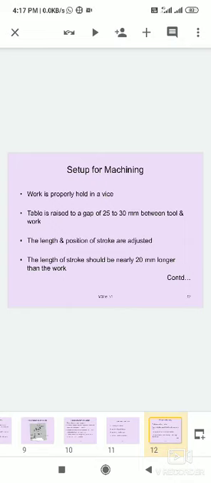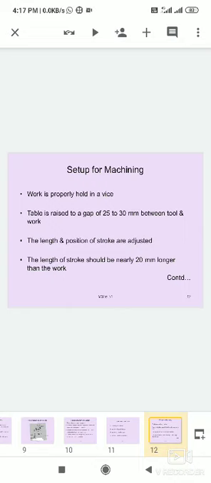The table is raised to a gap of 25 to 30 mm between tool and work, so that setting is easy and the work table is easily adjusted to the cutting tool.